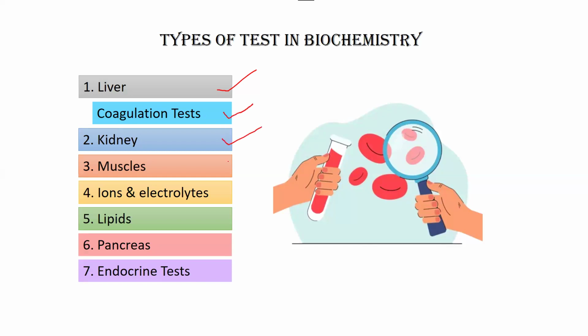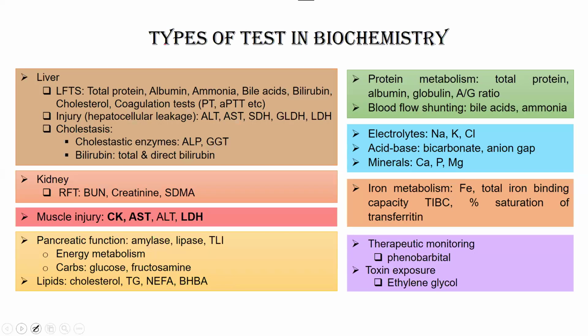Then we have kidney testing, or all those enzymes or factors that tell whether kidneys are functioning normally or not. Then muscles, then ions, electrolytes, then lipids, then pancreas, then endocrine tests. So all of these organs are being judged by specific substrates that are being measured in the samples. So let's see their detail.